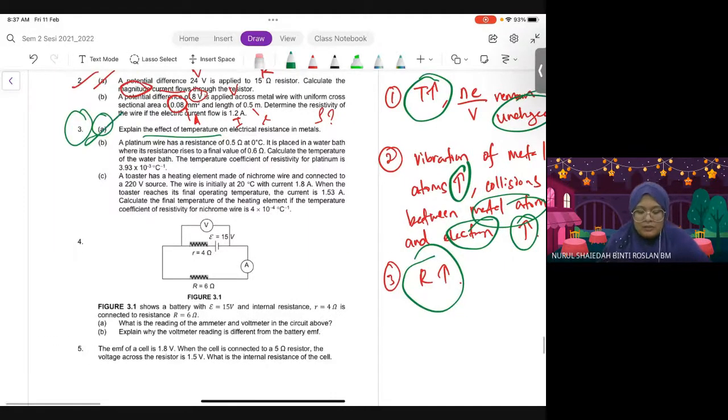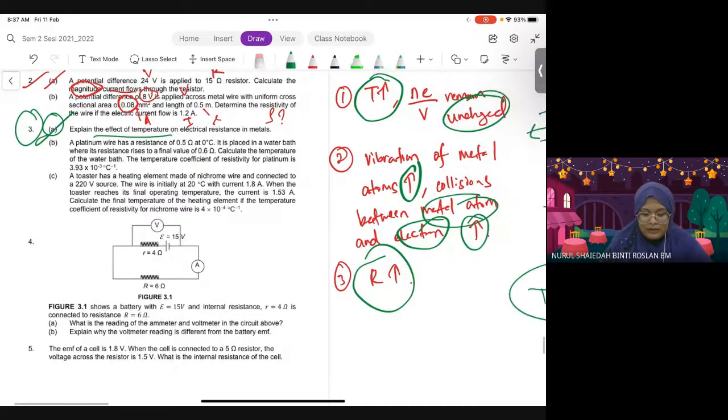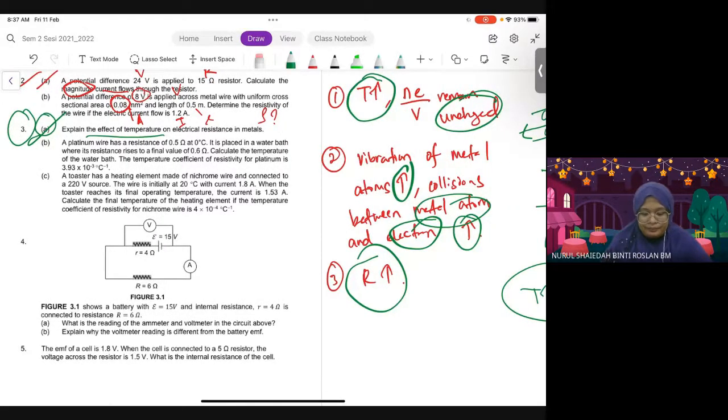Okey, habis nombor 3A, kita masuk nombor 3B. Platinum, while you have resistance, so they will give you R, they give you T, is placed in water bath where the resistance rise at final value. So ini adalah R2. So we have R1, T1, R2. Calculate the temperature. So they ask you to find T2.